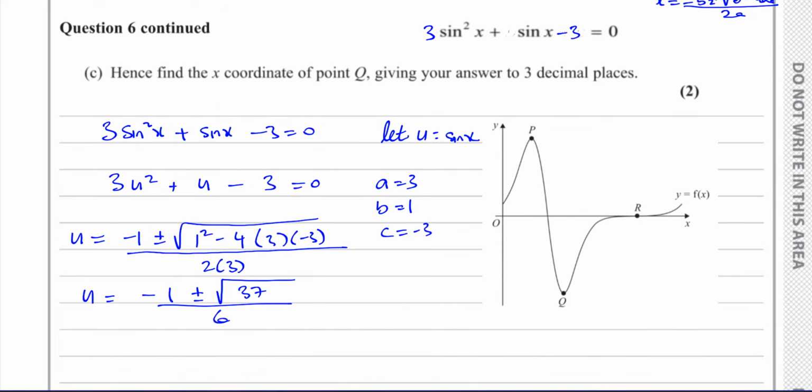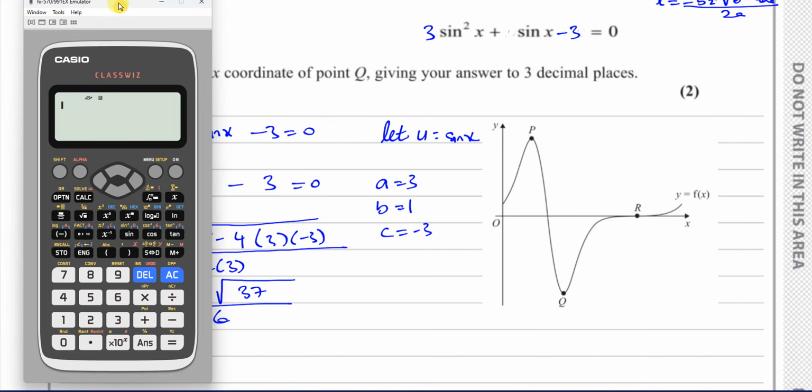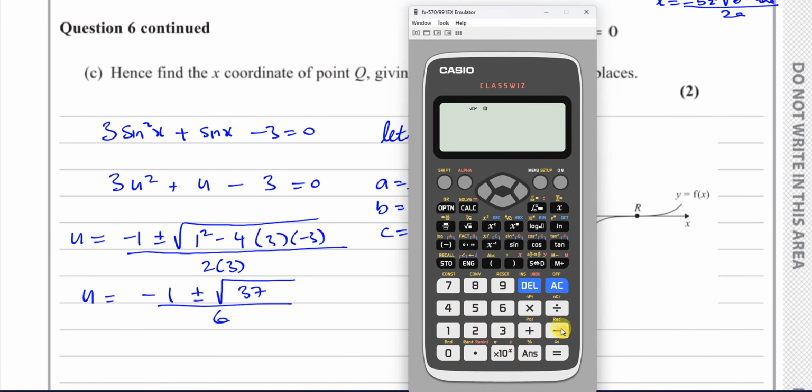Let's just make sure that's right in case I've done something silly here. You have -1 plus the square root of 1 squared minus 4 times 3 times -3, all over 6. So that gives you -1 plus or minus root 37 over 6.